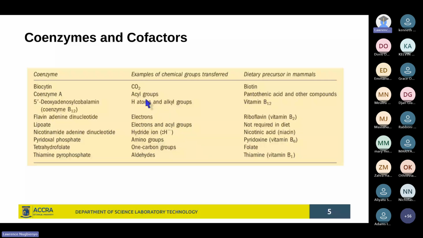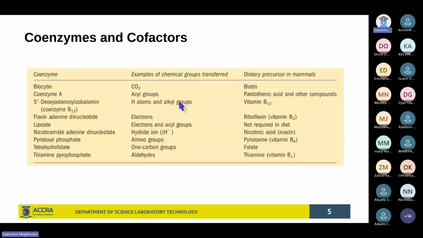So, for instance, biocytin is involved in the transfer of carboxylic acid groups. So it's written as CO2, but that is actually carboxylic acid, COOH group that in aqueous environments exist as an ion, the carboxylic ion, which is C double bond O minus. That's why you see it being written as CO2. Coenzyme A is also involved in transfer of acyl groups.